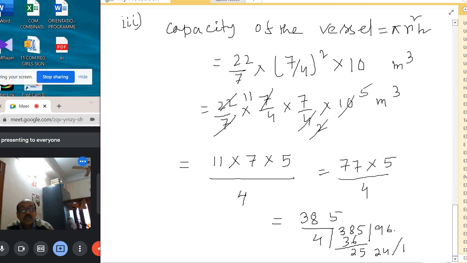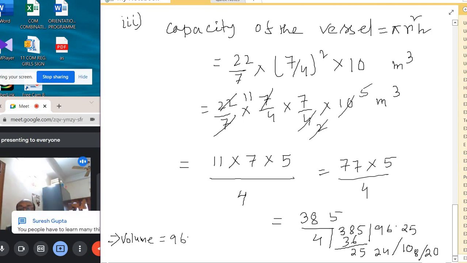Then take the decimal point and 0. 4 5s are 20. Then 4 6s are 24, and 4 5s are 20. So 96.25 meter cube. So the volume, that is the capacity, equals 96.25 meter cube.